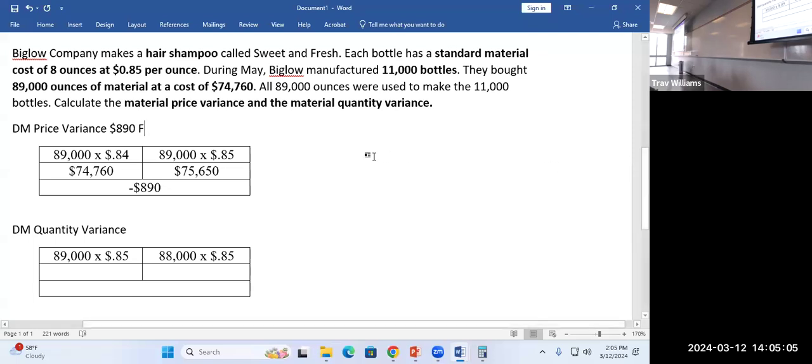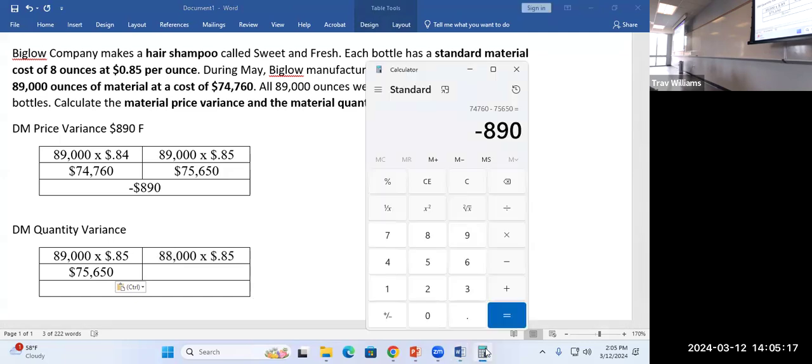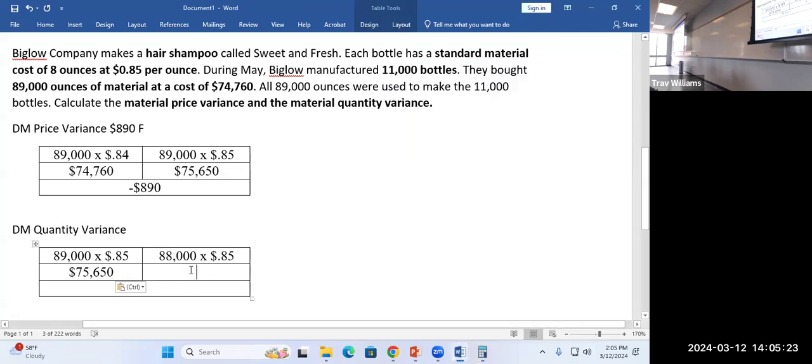So let's go to the quantity variance. Well, we already calculated 89,000 times 85, right? That already came out to this. Now we have to calculate 88,000 times 85 cents. 74,800. And we're going to do the same thing we did last time.